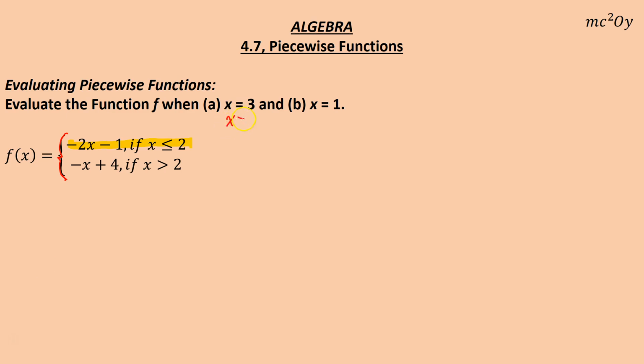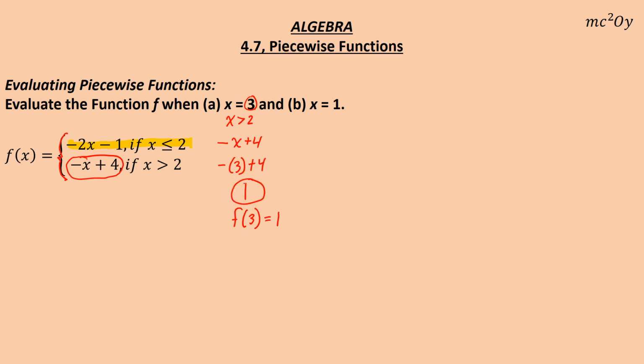So in this case, x is greater than 2, which tells me I have to use this rule. I'm using negative x plus 4. And what exactly does that mean? That means you put the 3 in for x. We end up with positive 1. So f of 3 is equal to 1.